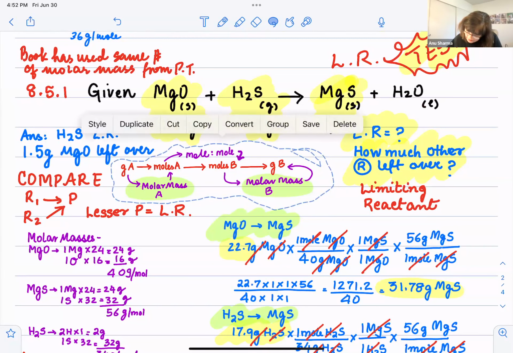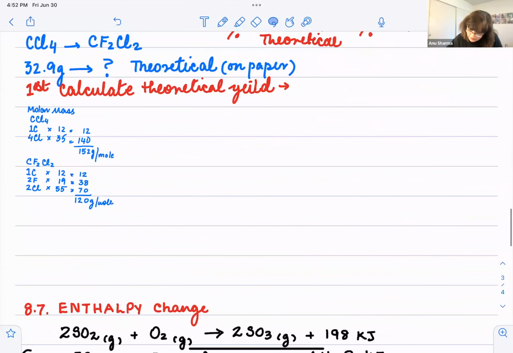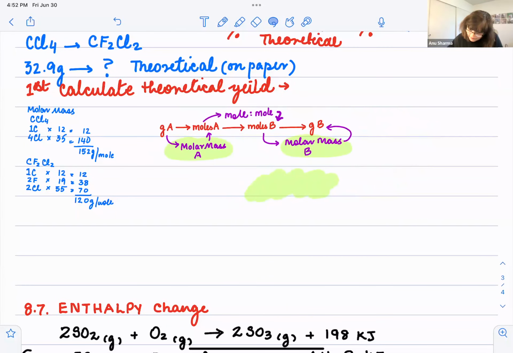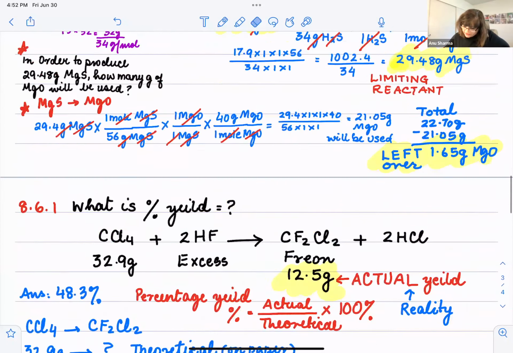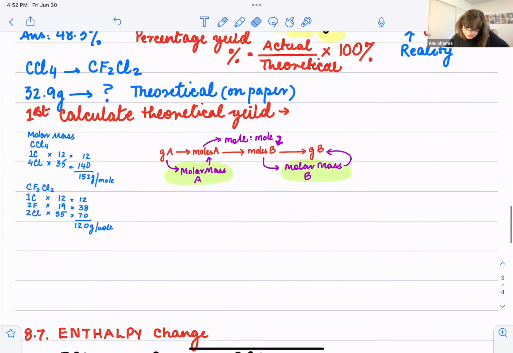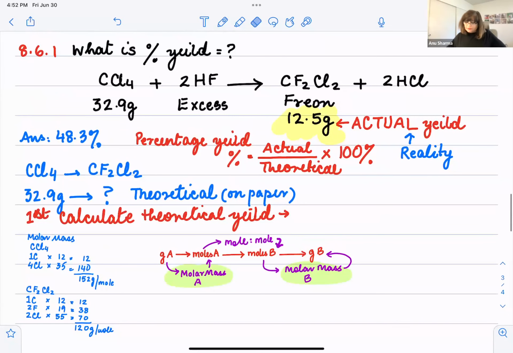Copy. All right, so same thing here. Other things also get carried. So we have now the same scheme. So what are we doing now? What is the percentage yield?